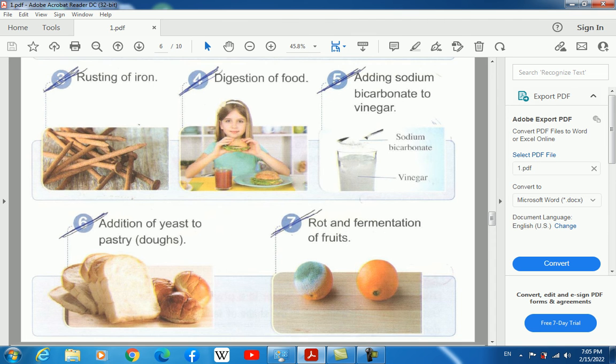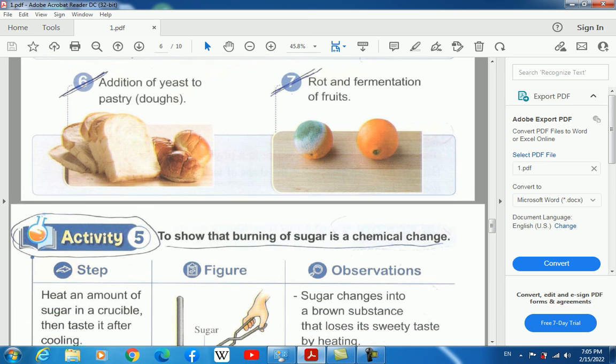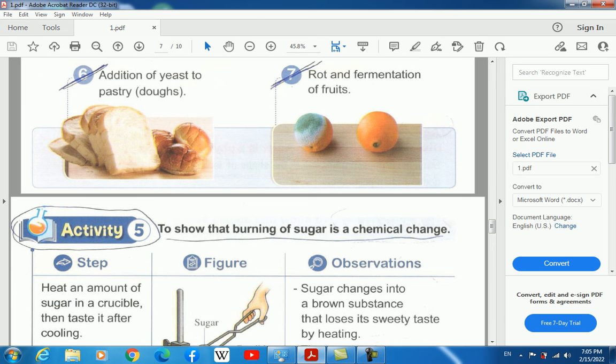It will change to something else, in taste and in the material itself. 6, the addition of yeast to pastry doughs. All this kind of bread that we take has something to do with the yeast. 7, rot and fermentation of fruits. What happens? The taste changes and the structure of the fruit itself changes.